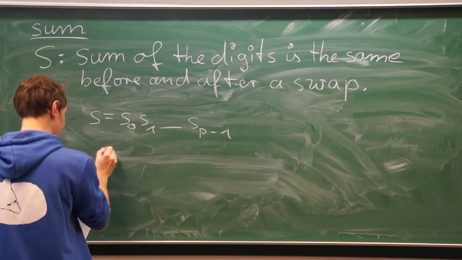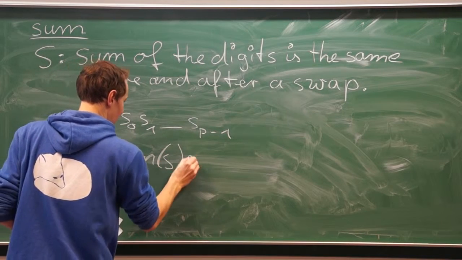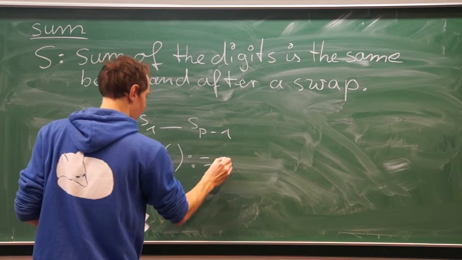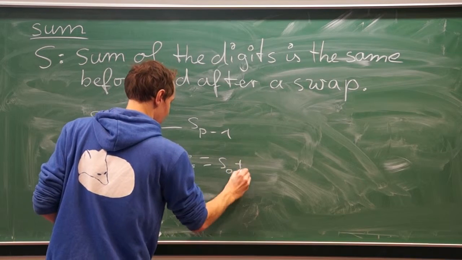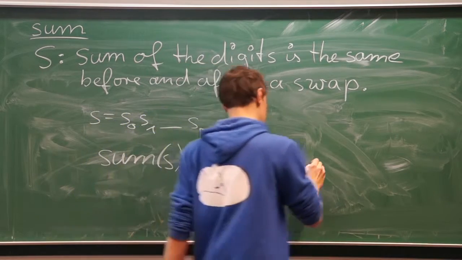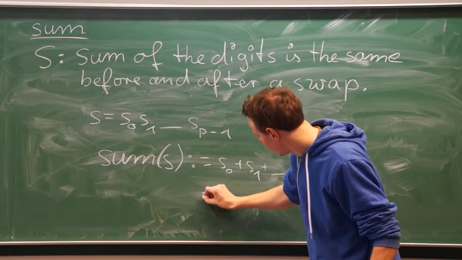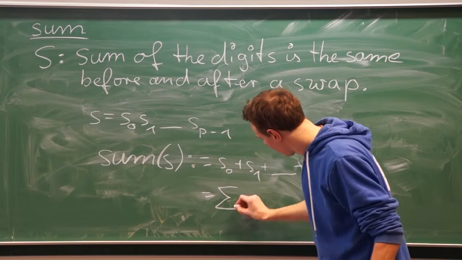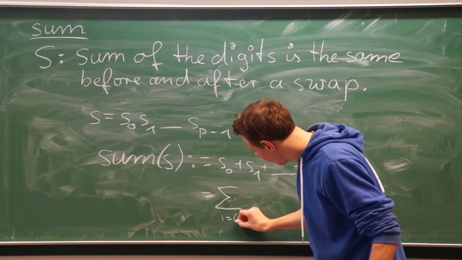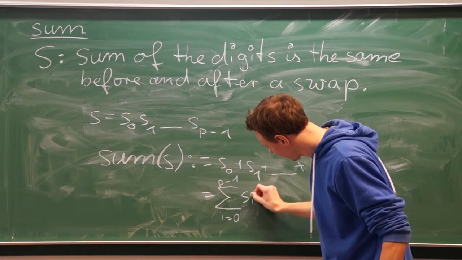And what we do, we define the sum as all the digits together. Just add them one by one, and we can write that shorter as this. We start from 0, go to P minus 1, and we add all those together.